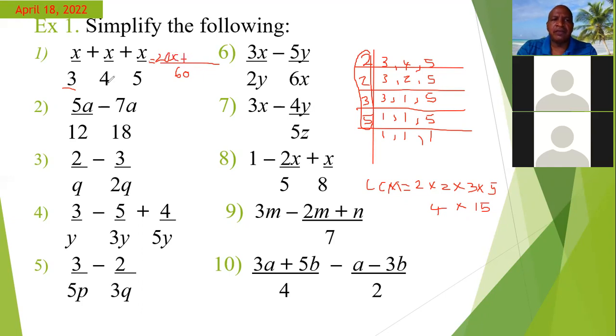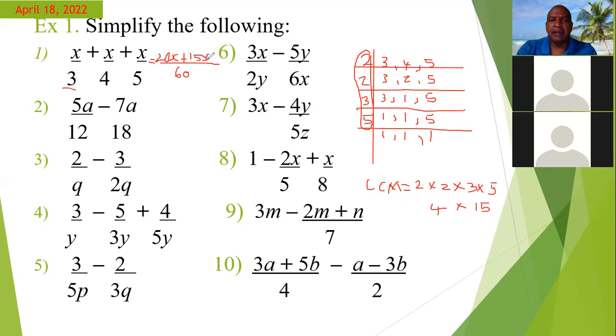What do we do to the 4 to get 60? 15 times 4. Right, so you can just divide 4 into 60, you get 15, so you times by 15. So this must be 15x of the numerator.